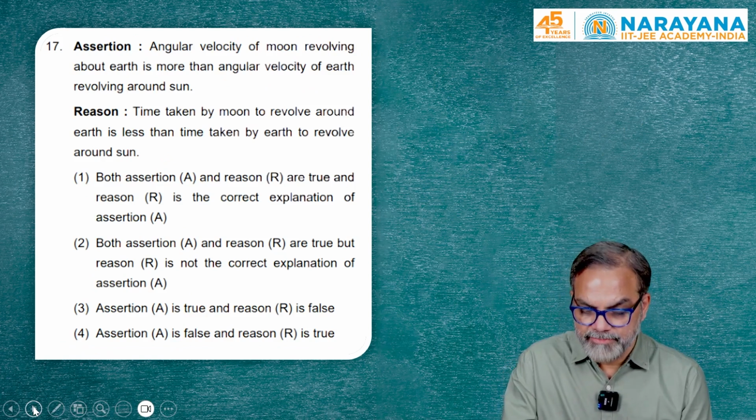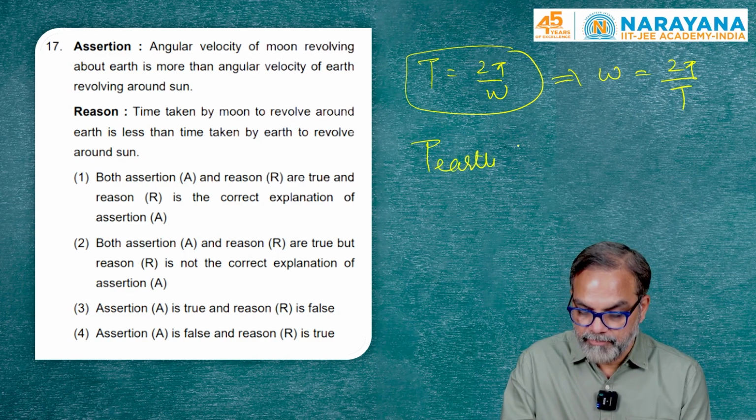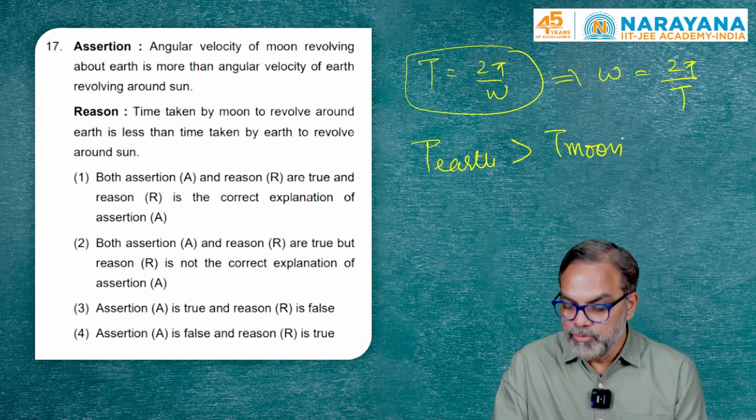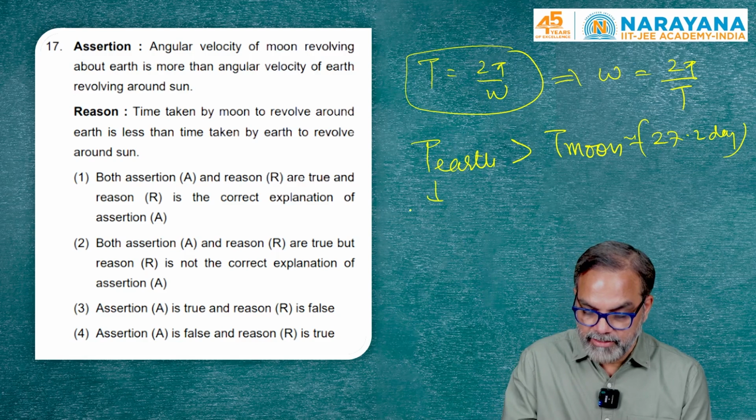We know that time period is given by 2 pi by omega, or we can write omega is 2 pi over T. So time period of earth is more than time period of moon. Moon approximately takes 27.2 days, and earth is around 365 days.